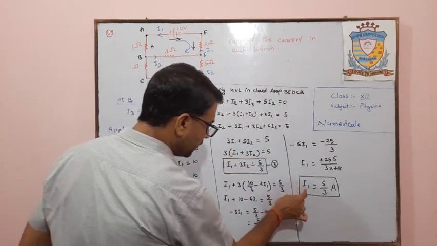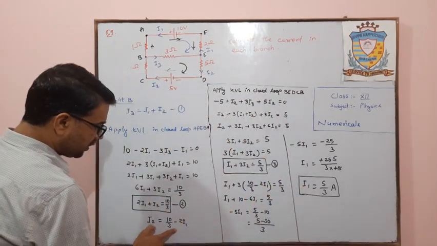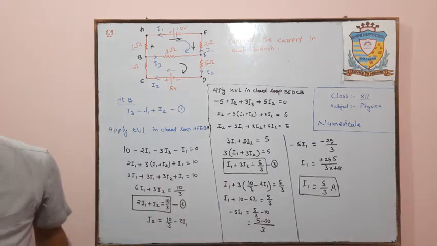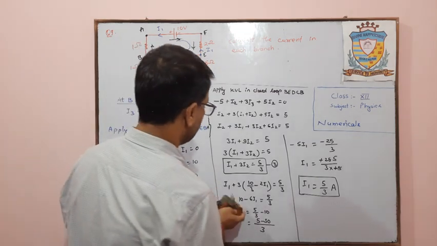Now we'll put this value of I1 in this equation to calculate the value of I2.